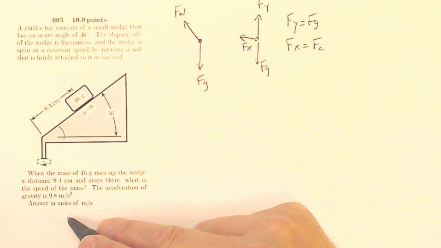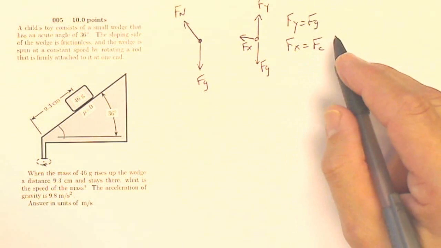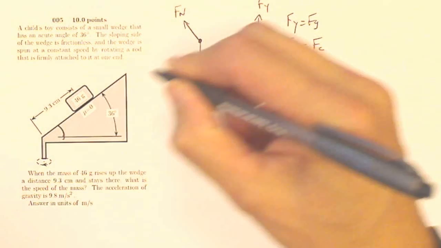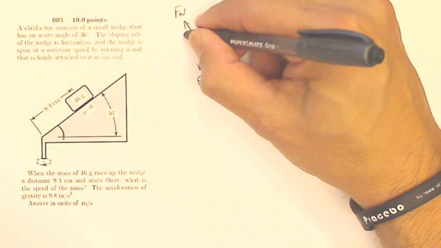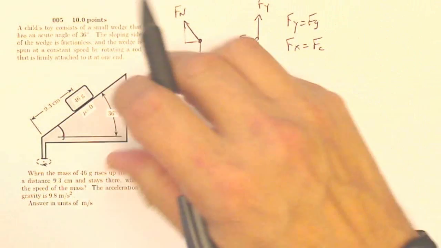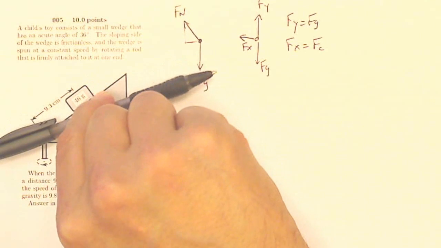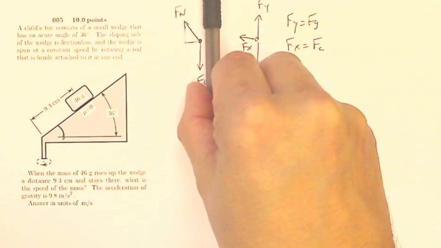So what I'm looking for is the speed of the mass, so I'm looking for v. Now what's interesting is I've got this angle here. Well, this is Fy, this is Fx. If I think about this triangle right here, that'll get me my x and my y. As this ramp were to get lower and lower, then this normal force would get higher and higher.